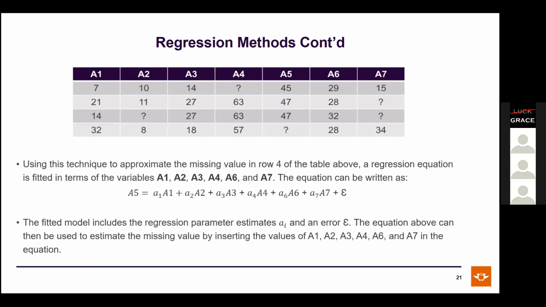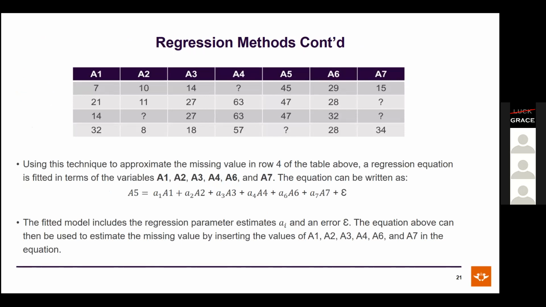Very important. So we're just going to take this table as an example. So basically what you're saying is, if we're looking at, let's take, row 4.